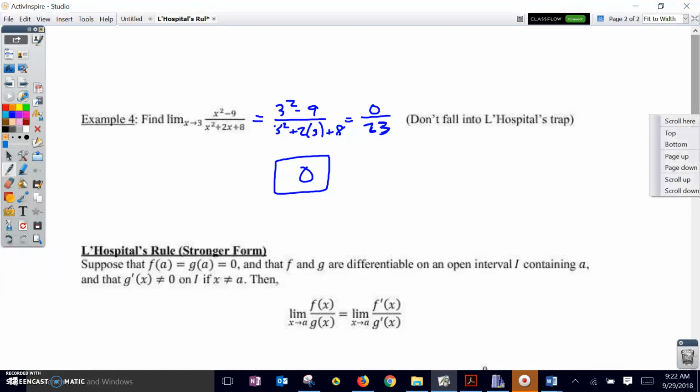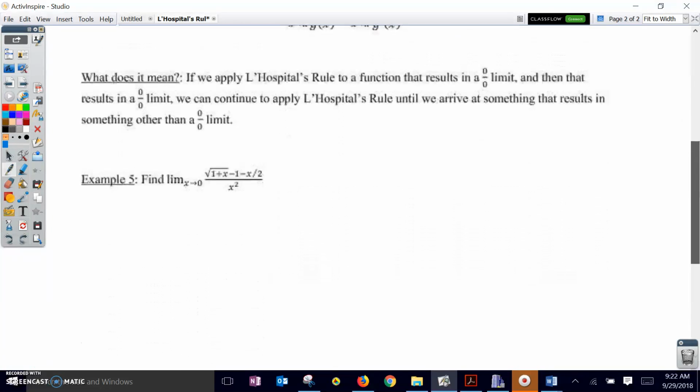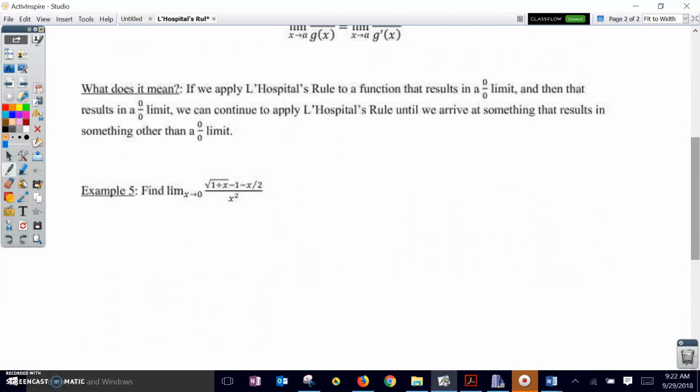Alright, on to the stronger form examples. Basically, we can apply L'Hopital's rule multiple times if necessary. And so we look at this one, and we've got the square root of 1 minus 0 all over 0 squared. So this is 0 over 0. So we apply L'Hopital's rule.